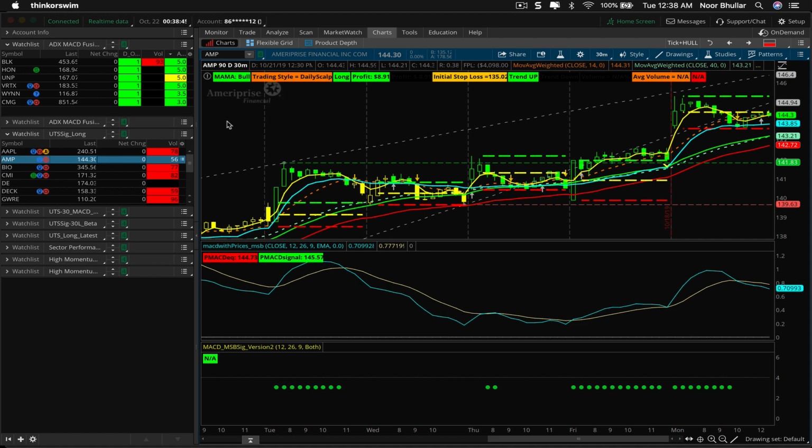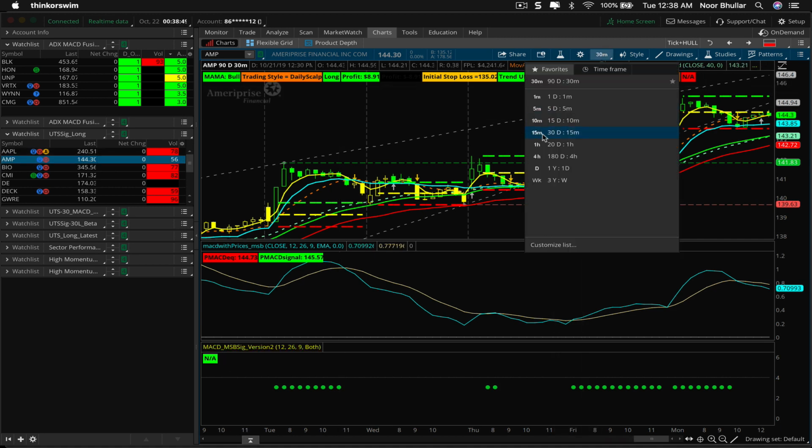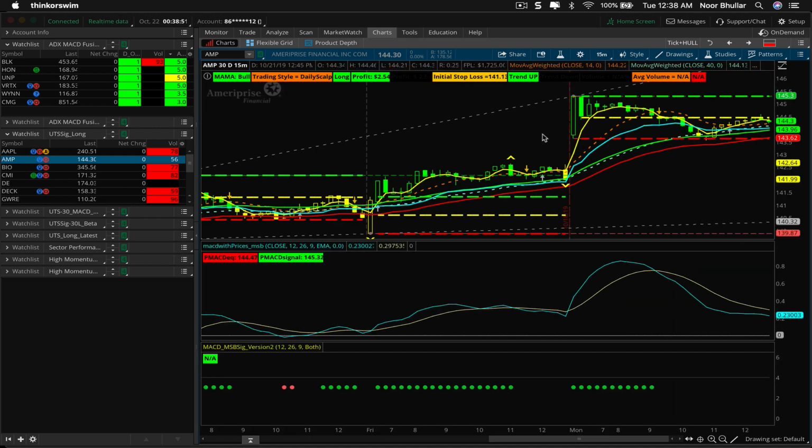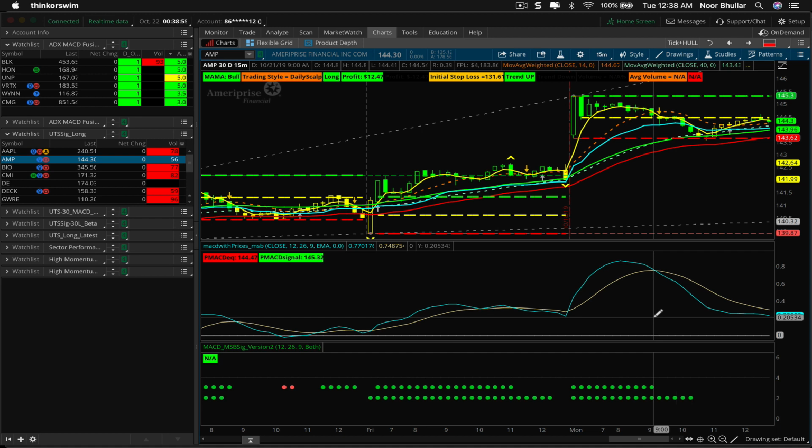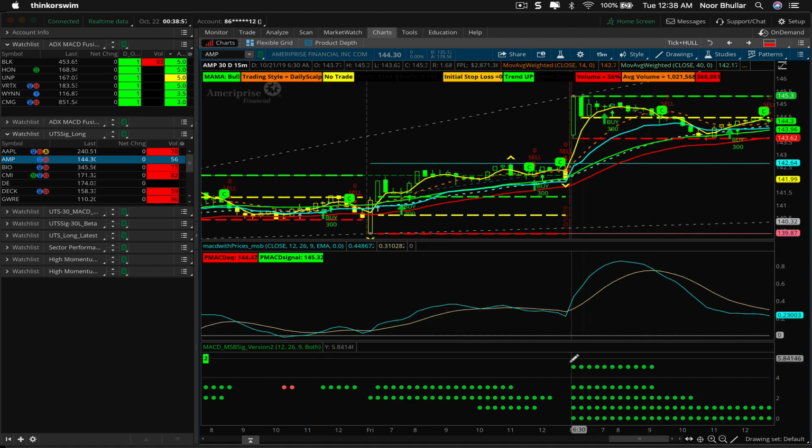All right, we can take a couple other examples and we'll just look at the 15-minute chart. So here's another example where everything got aligned around at this point, right? And so you enter the trade, and clearly you got shaken out, right? But it depends on your approach here.